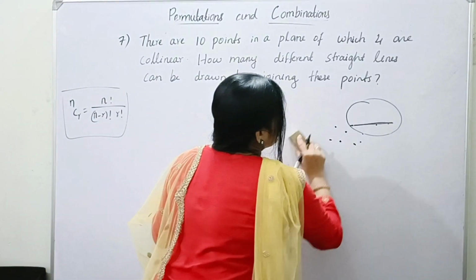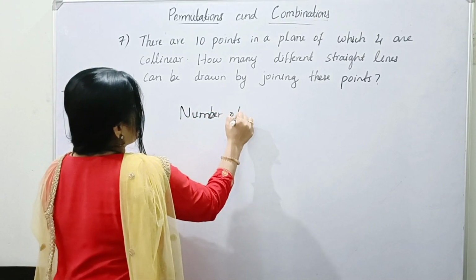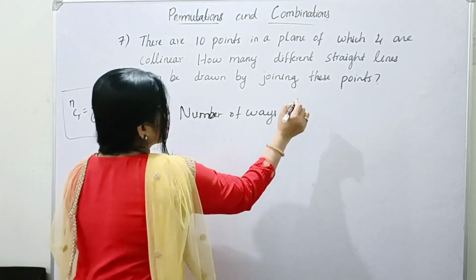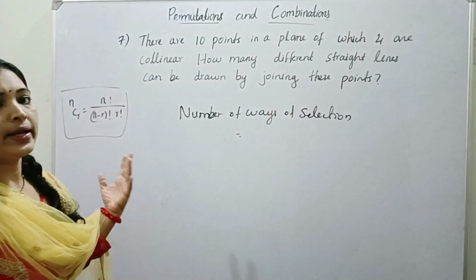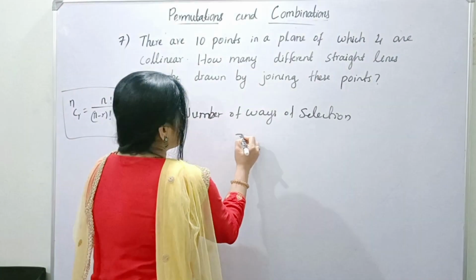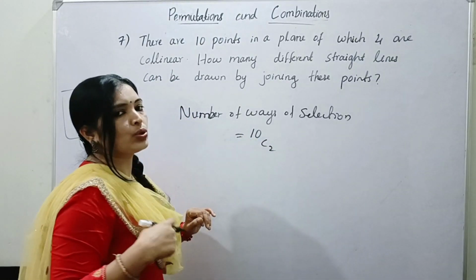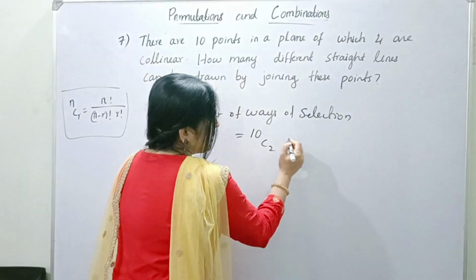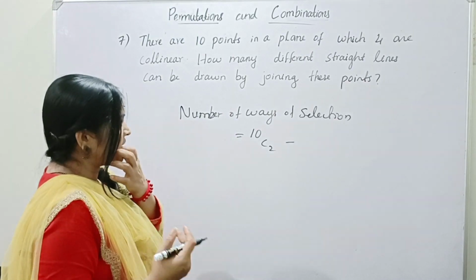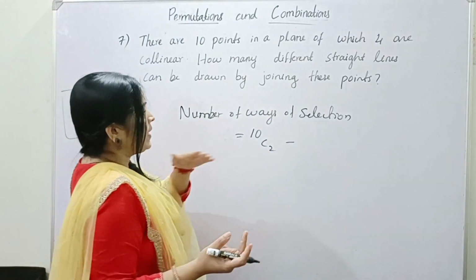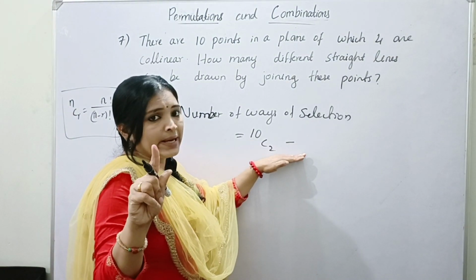Number of ways of selection is equal to, there are total 10 points, so we will find 10C2, the combination of selecting 2 points out of 10. So that is the total number of straight lines. But since these 4 points are collinear, we can make only one straight line, right?